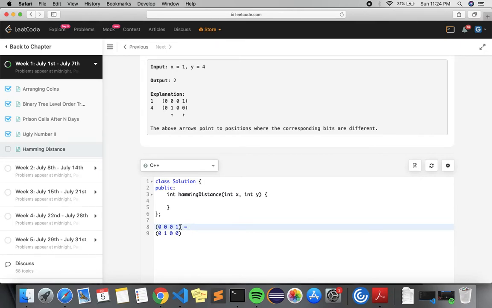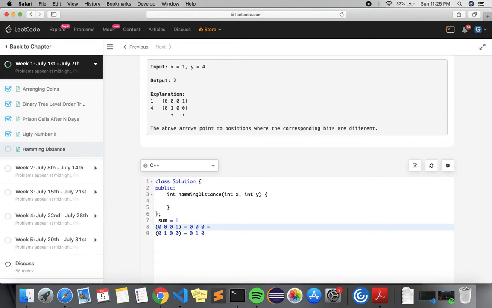Let's trace this example. First we take the last bit, and sum is equal to 0. By extracting the last bit, that is 1 and 0, they are not equal, so we increase our sum. Now sum is equal to 1. Then we right shift the whole number, so the number becomes this, and the other number becomes this. Now the last bits are equal, 0 and 0.